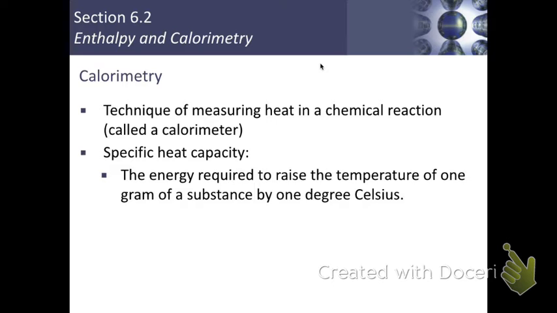Do you think metals have a higher or lower specific heat capacity than water? So think about what it means. Specific heat capacity means how much energy does it take to make it hot or cold? Do metals have a higher or lower specific heat capacity than water?